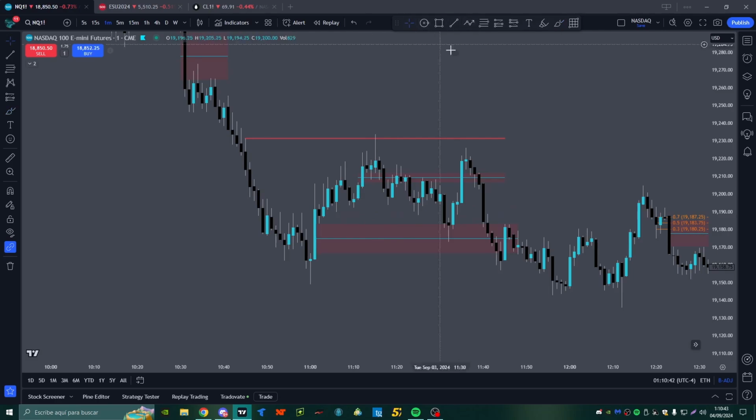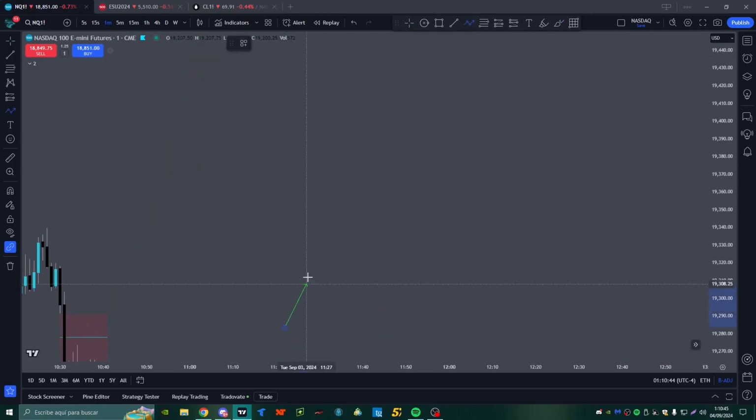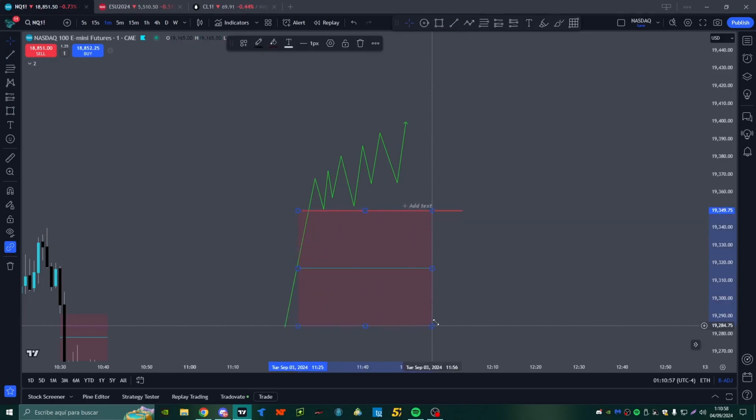Then record 6. When the price reaches a point, it simply starts to do this. And here, I have an imbalance. All this is going to become a target.